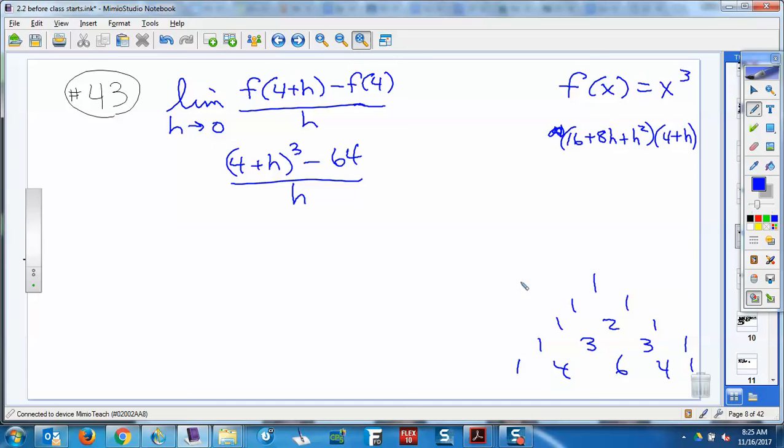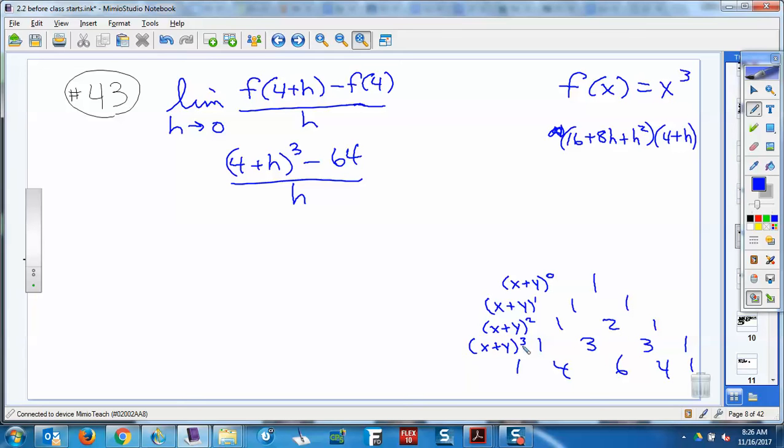Now, Pascal's triangle can actually be a shortcut of that, because what Pascal's triangle gives you is the coefficients of a binomial expansion. So x plus y to the 0, of course, is just 1. x plus y to the first is 1x plus 1y. x plus y squared is 1x squared plus 2xy plus 1y squared.